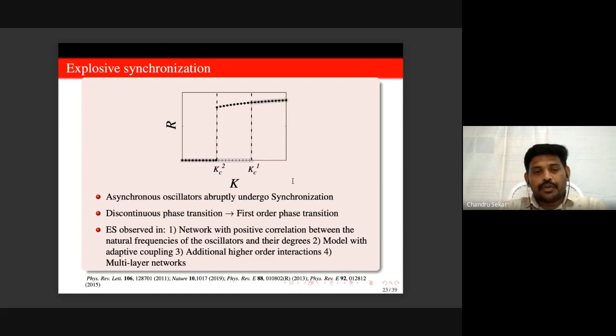This explosive synchronization is observed in the Kuramoto model in the following settings: a network with positive correlation between the natural frequency of the oscillator and the degree. A model with adaptive coupling, so the coupling also varies with respect to time. The Kuramoto model with additional higher order interactions.